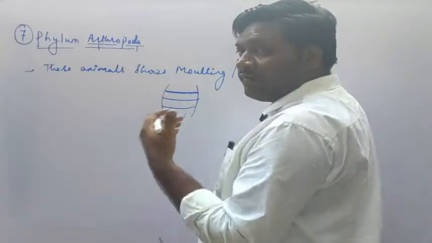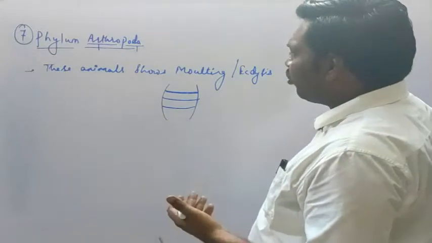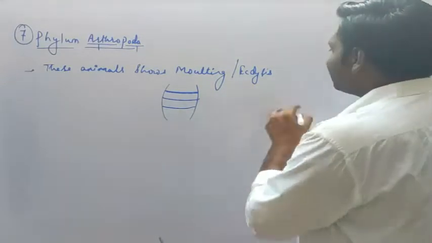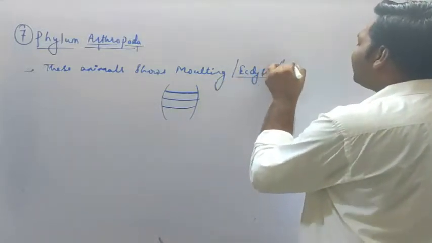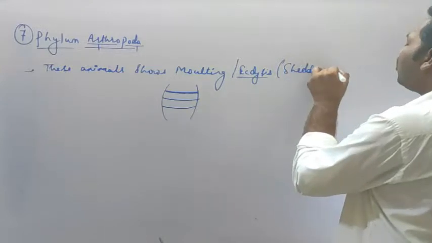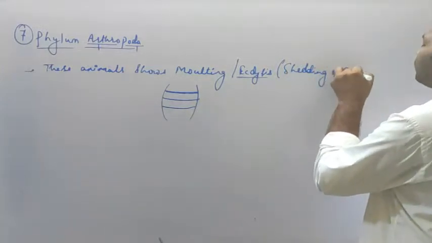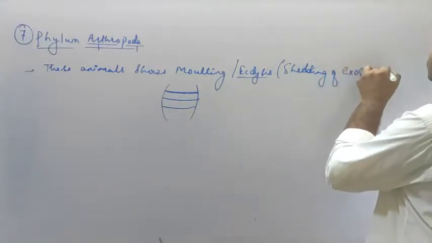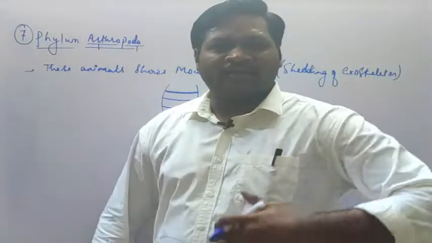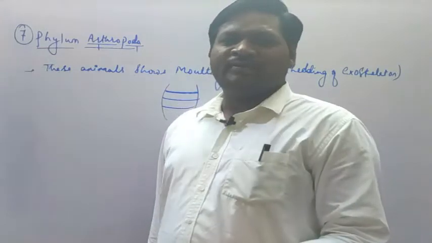When ecdysis happens, that means shedding of the exoskeleton, that is removal of that exoskeleton, the new exoskeleton will be developed.